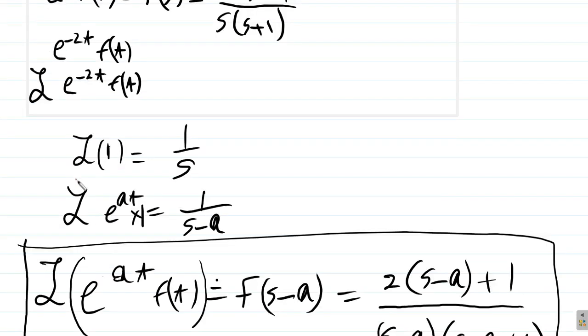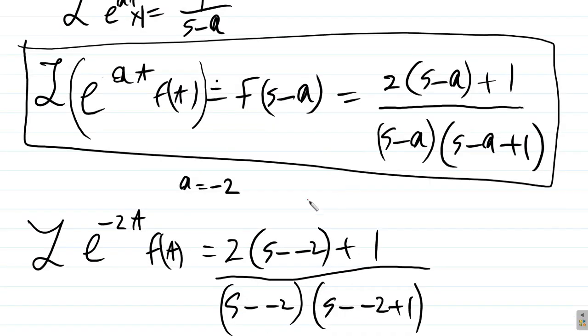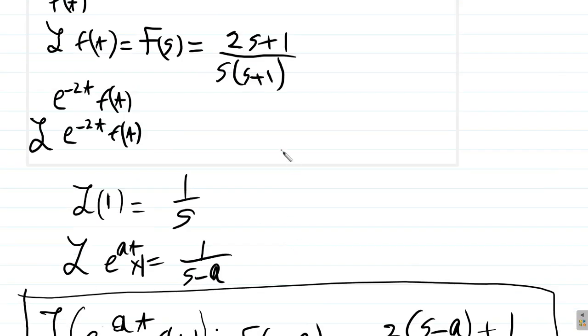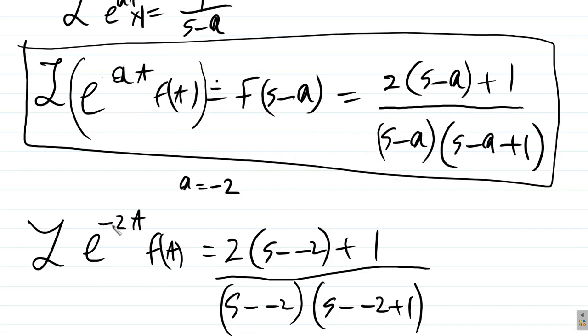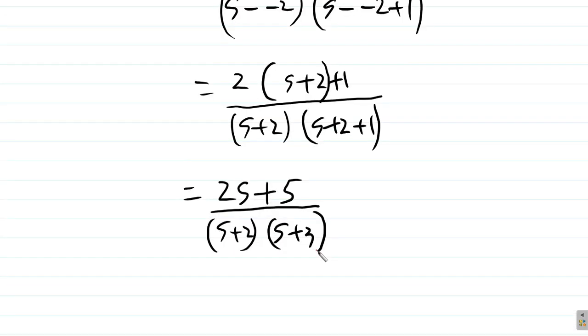And we see from the formula sheet that when we have e^(at) multiplying the function, the Laplace transform will be a function of F(s minus a). No longer F(s), but F(s minus a). So here now, we apply it to this. We change s to s minus a, in this case where a is negative 2. So we change s to s minus negative 2, simplify, and this is what we get.